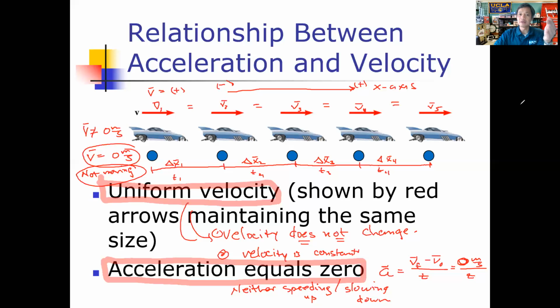What is the acceleration going to be? How do we represent that graphically, using images, pictures, and particle diagrams? We're going to do this same analysis tomorrow for objects that do not have uniform velocity, which means their velocity is changing.